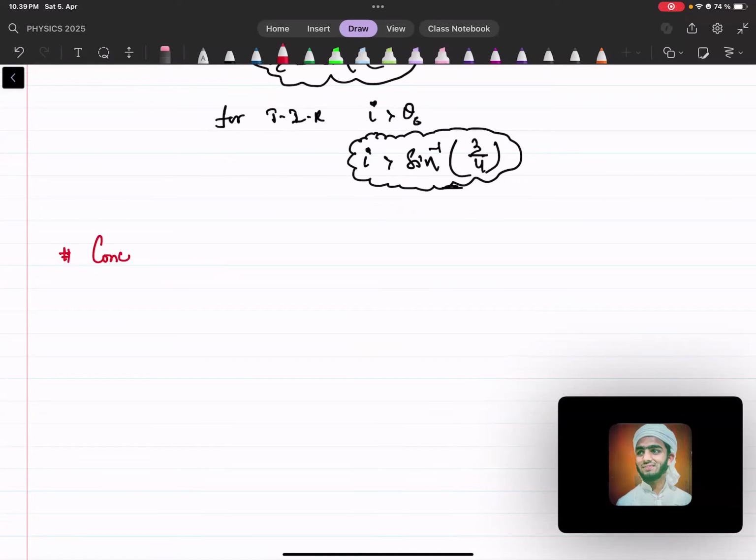Concept of apparent depth. You already know it.